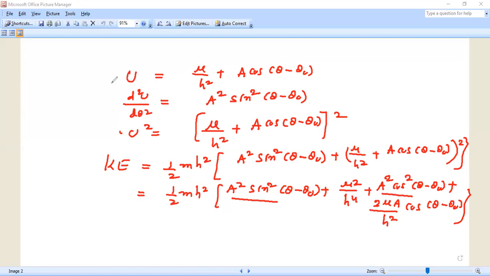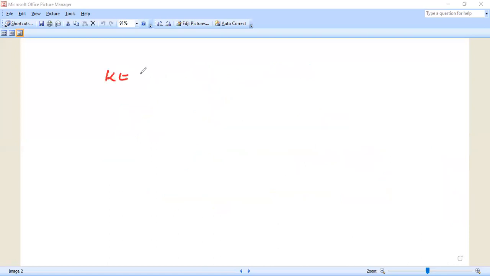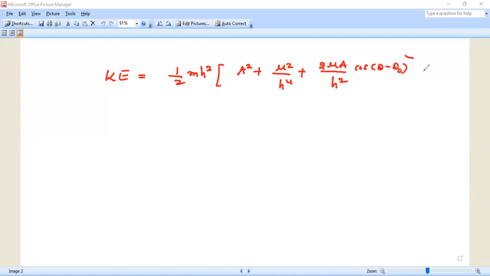Okay, then kinetic energy of the planet equal to half m h square into bracket a square plus mu square by h power 4 plus 2 mu a by h square cos of theta minus theta naught, into then equation 7.